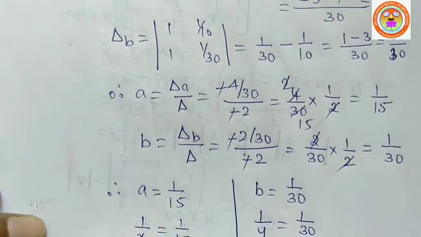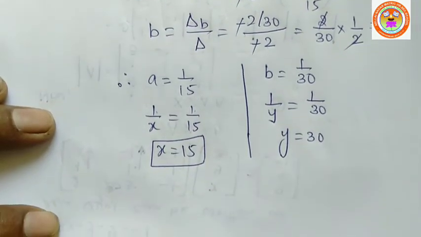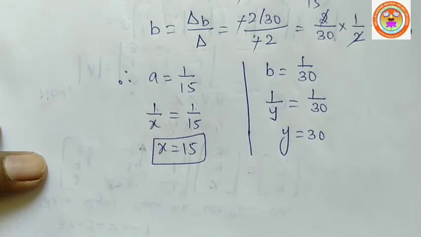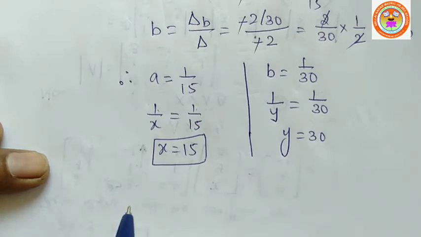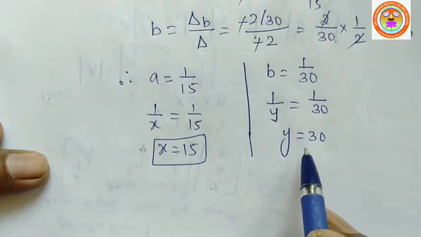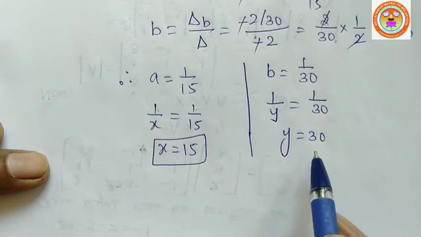Therefore, what is the conclusion? The conclusion is the pump A can fill the tank within 15 minutes, as well as the pump B can fill the tank in 30 minutes.